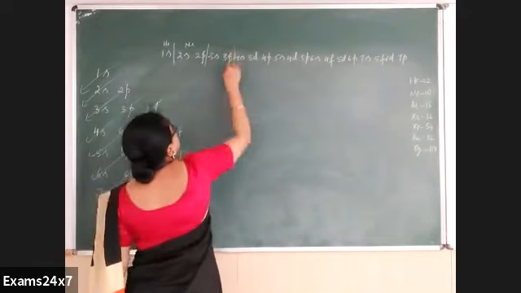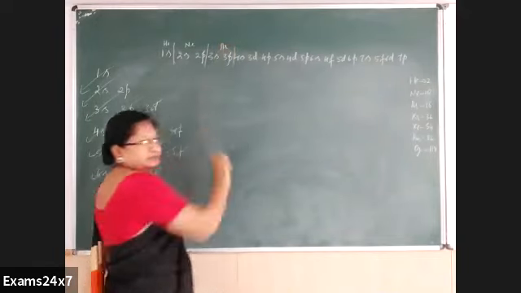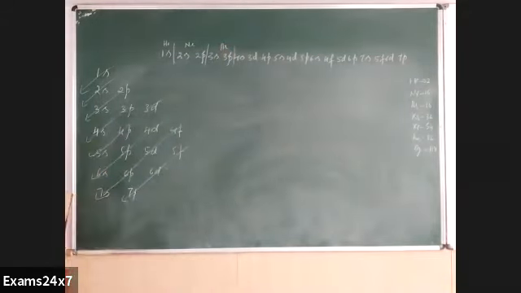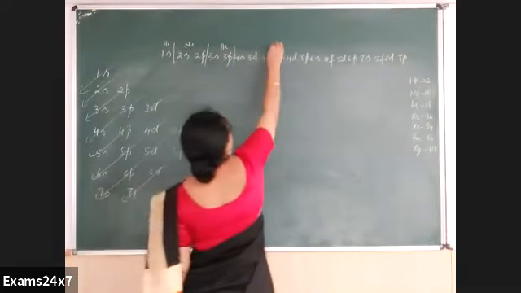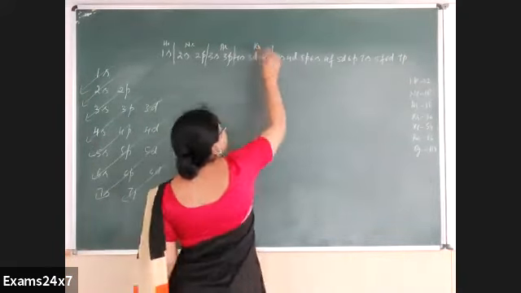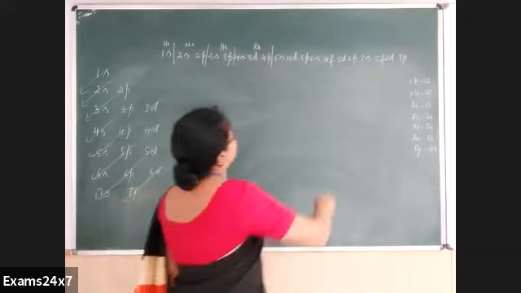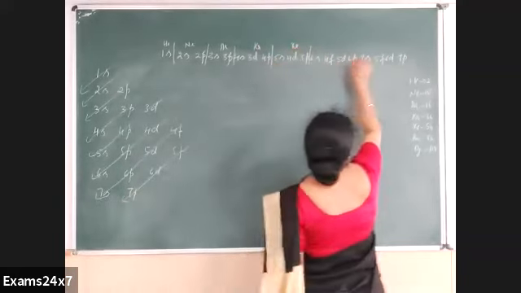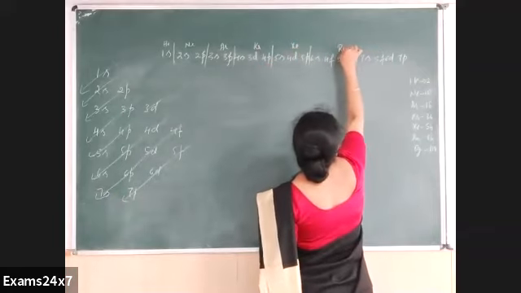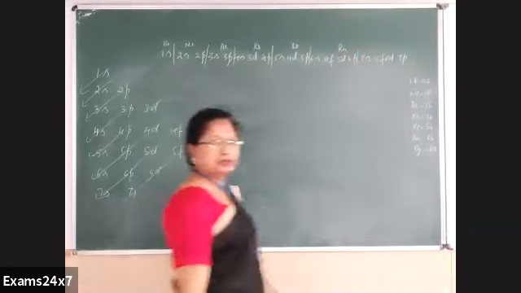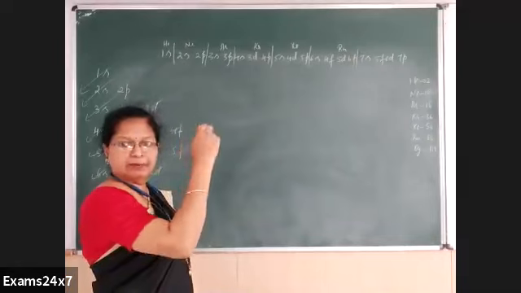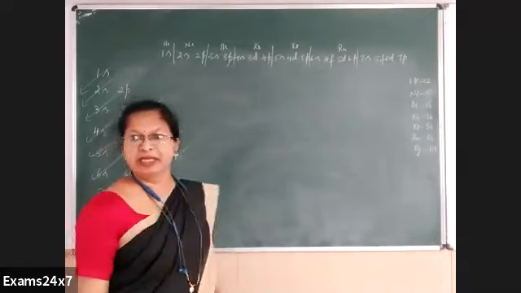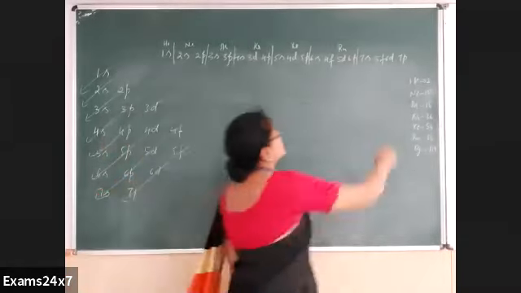Argon fills up to here, 3s to 3p6. Then comes krypton, which fills up to here. Then xenon fills up to here. Then radon fills up to here. And oganesson: if you fill up to 7p6, that will be completely 118, that is for oganesson.